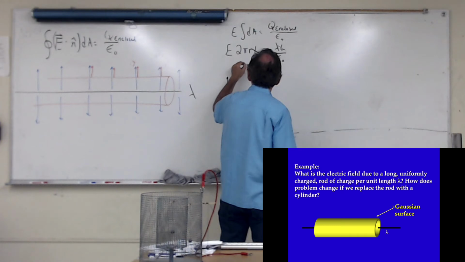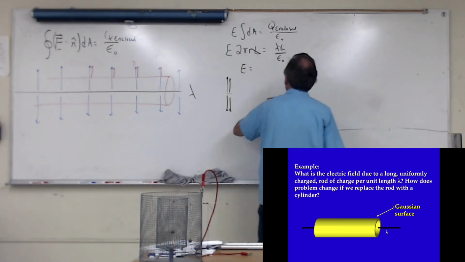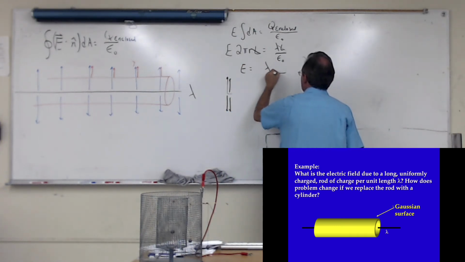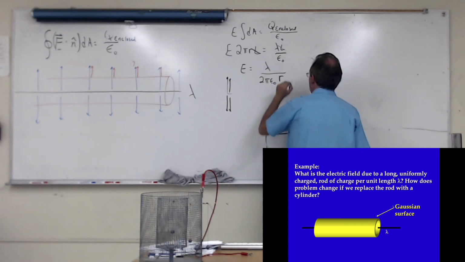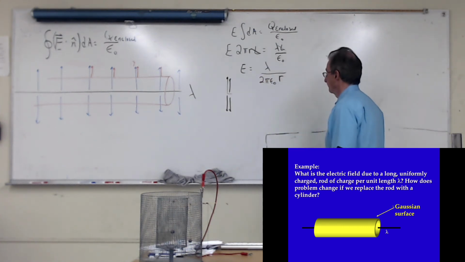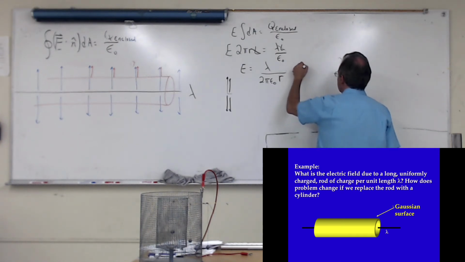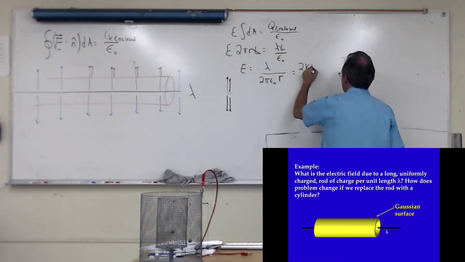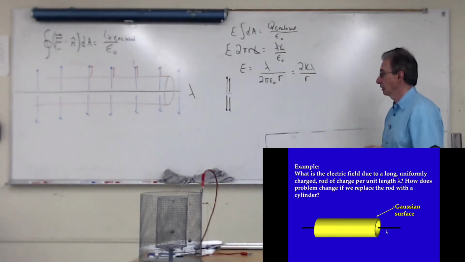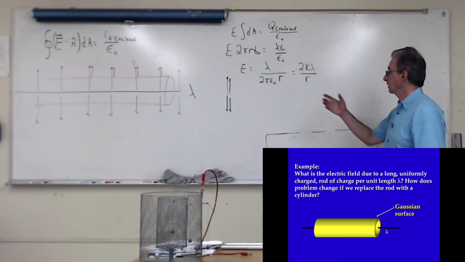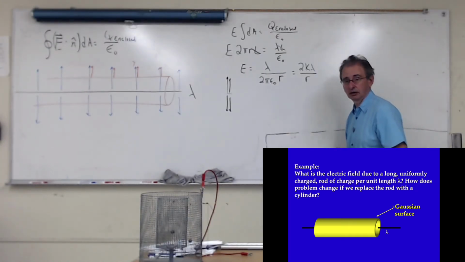And so the electric field is lambda over 2 pi epsilon naught R, or you can write it as 2k lambda over R, where lambda is the charge per unit length. Okay, that's the electric field due to a long wire.